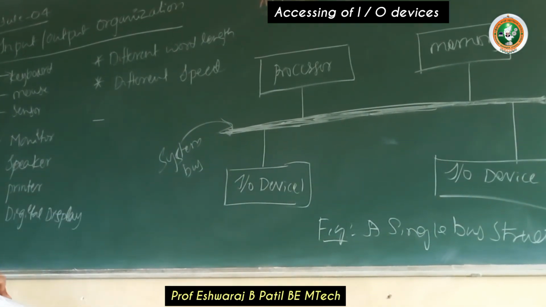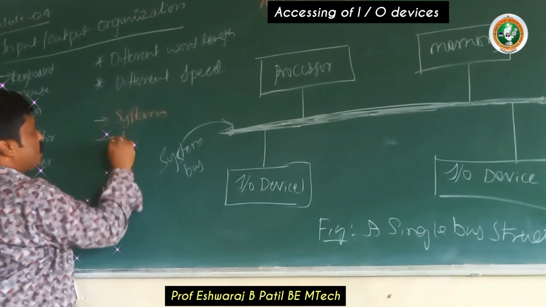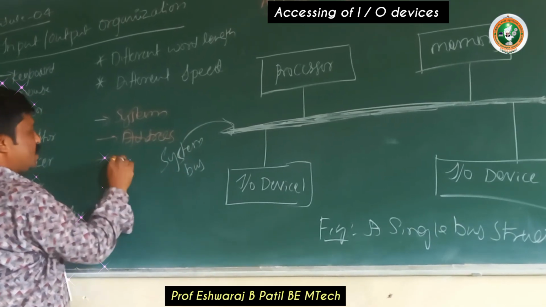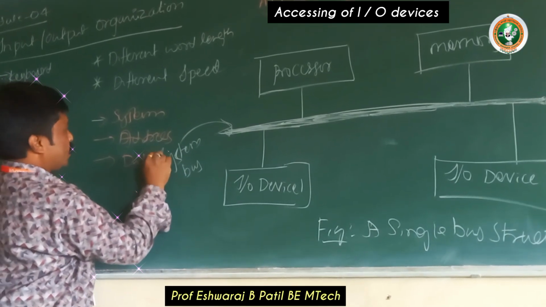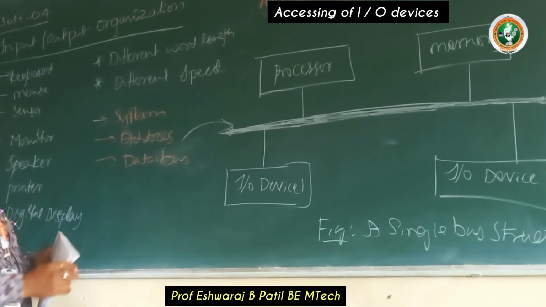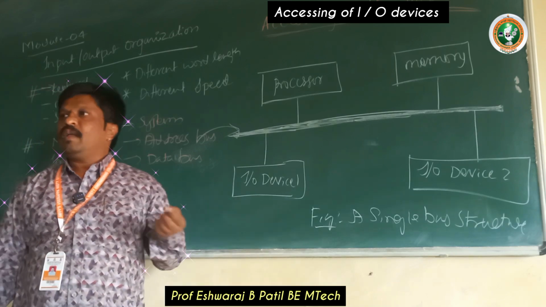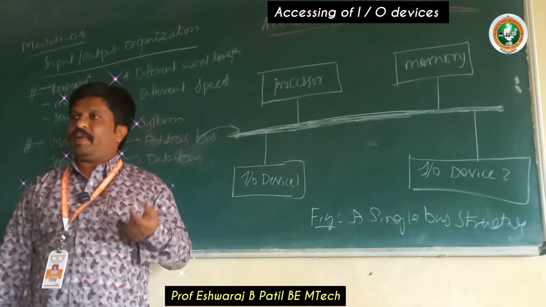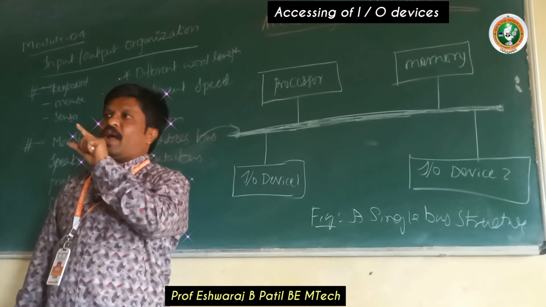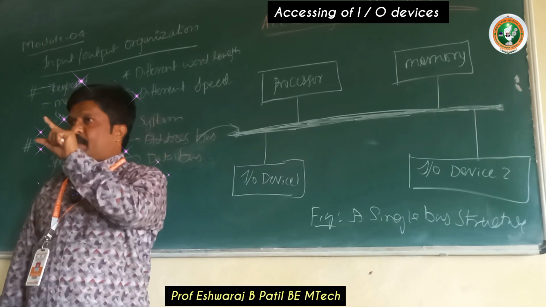One is the system bus. Another one is the address bus. Another one is the data bus. The address bus: if a device wants to communicate with the processor, at that time the processor has to put the address of that particular device.